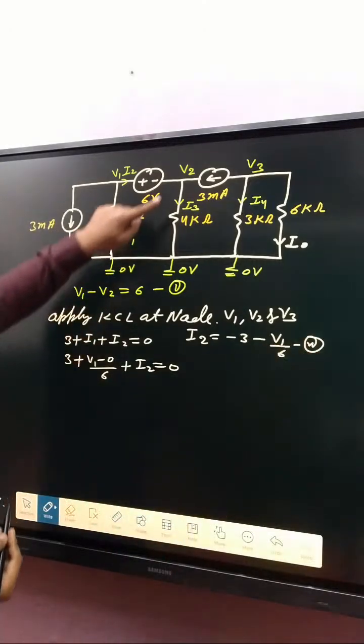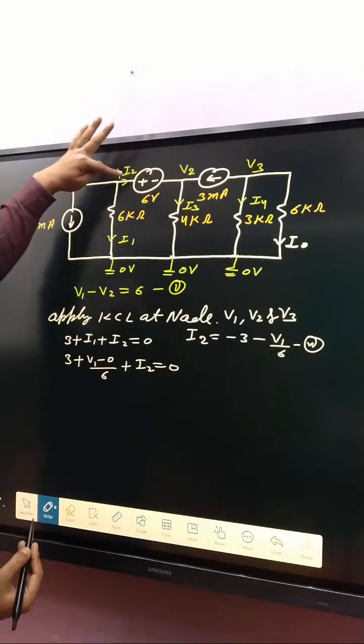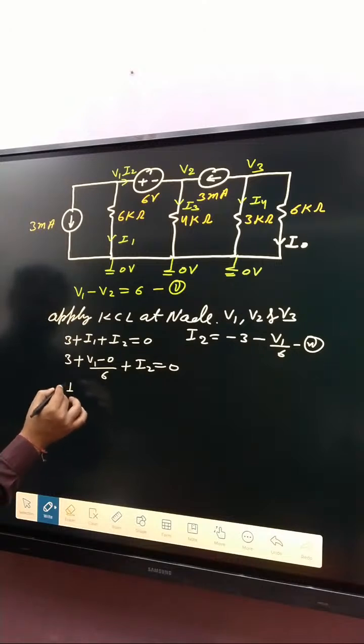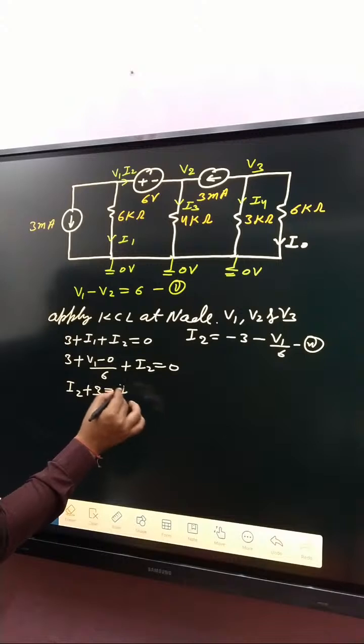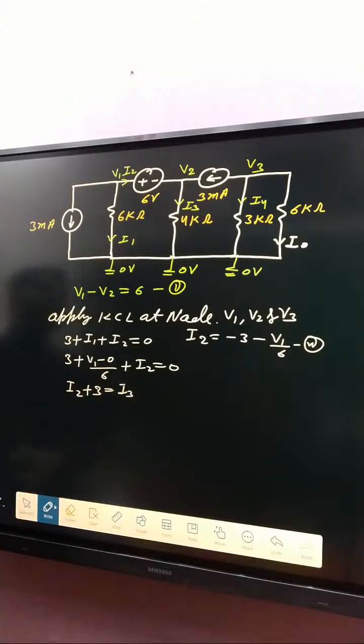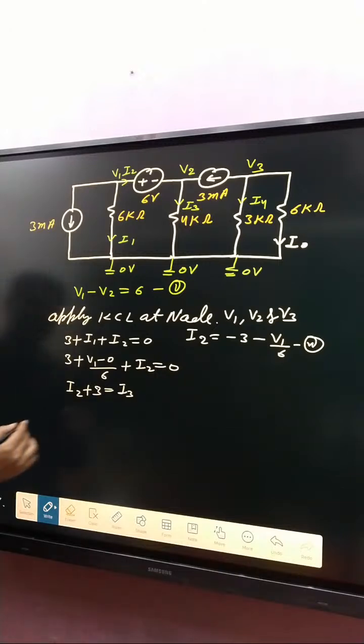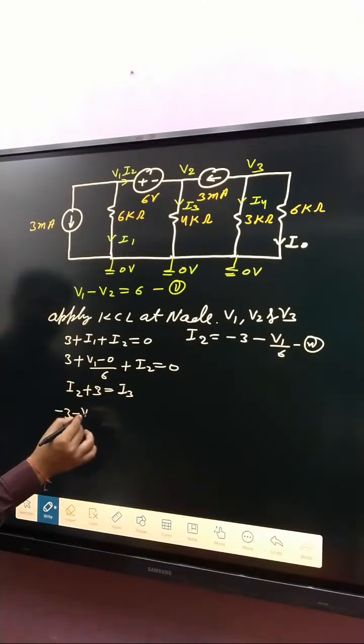Now apply KCL at that node. Incoming current I2 and 3. So I2 plus 3, this will equal to I3. I2 is how much? Minus 3 minus V1 by 6, plus 3.